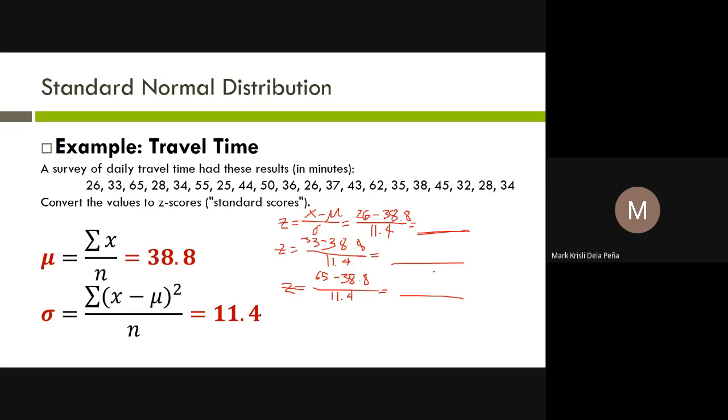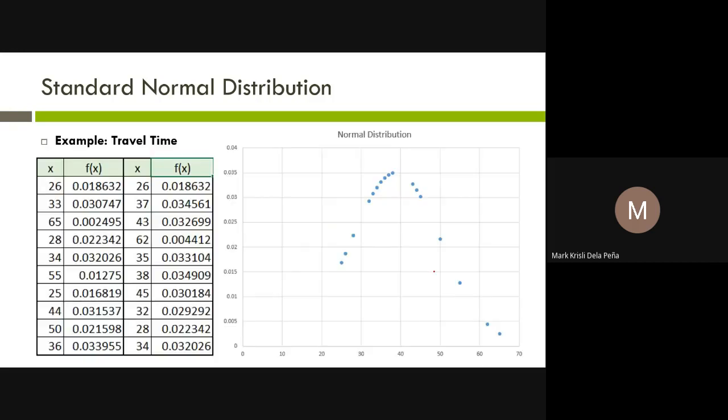Now I have already calculated these, and these are the results, using z equal to x minus mu all over sigma. Before that, I have shown this graph first. It is not yet with respect to the z values.